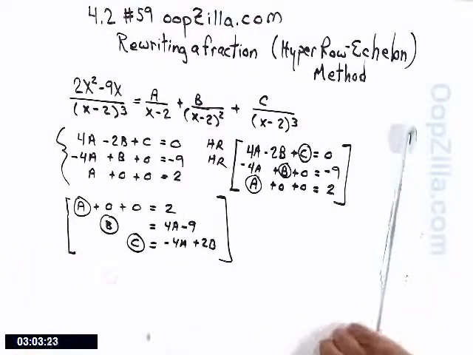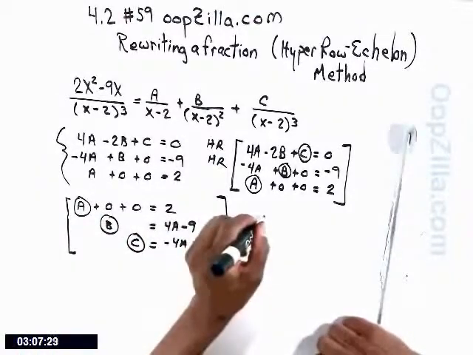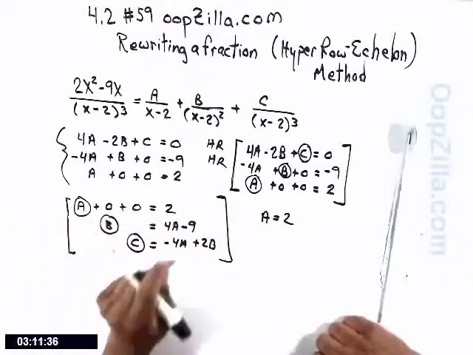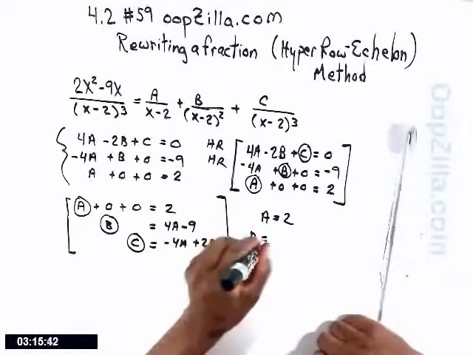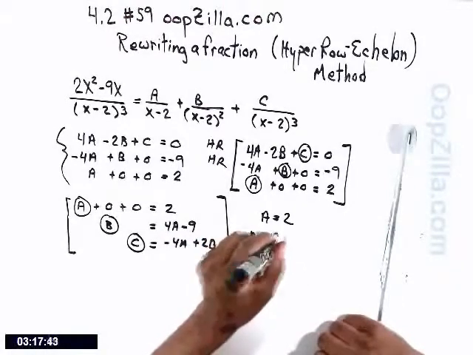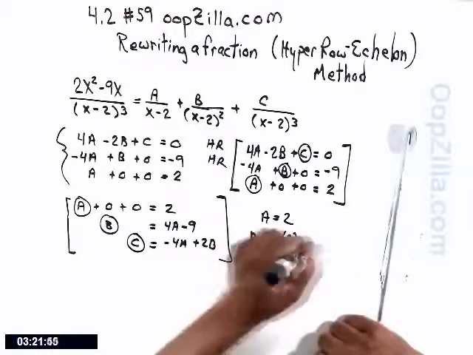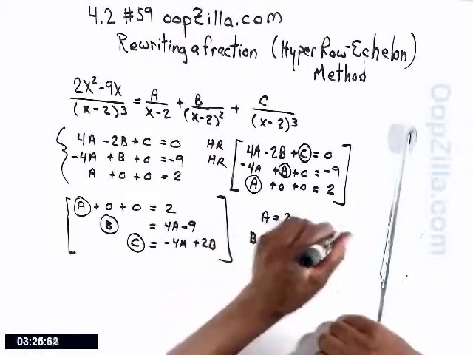Now note that 2 is equal to A, so we found one. A is equal to 2. Now I can plug it in here. So B is equal to 4 times 2 minus 9, which is equal to negative 1.